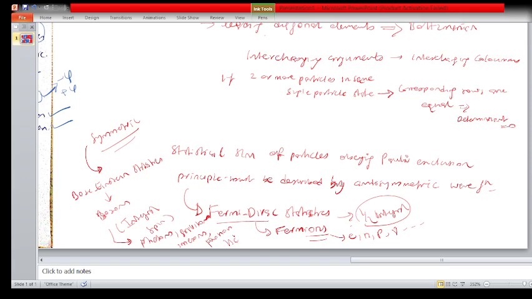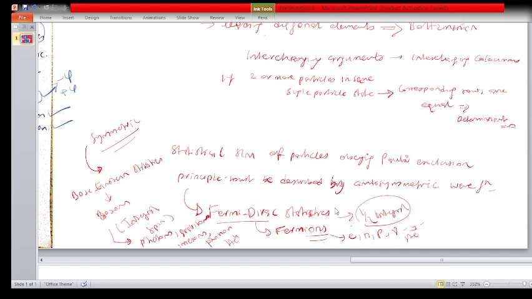Helium 4 is a boson, helium 3 is a fermion. So the particles which have half integral spin come as fermions. The particles with integral spin come as bosons, and bosons are described in terms of Bose-Einstein statistics. Fermions are described in terms of Fermi-Dirac statistics.